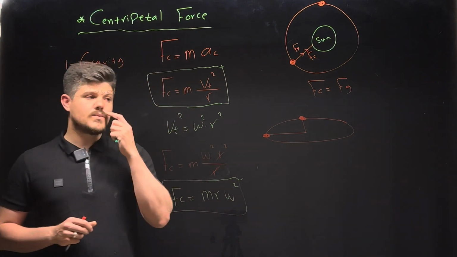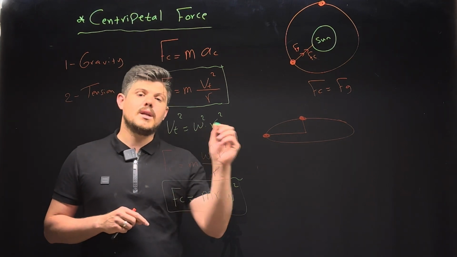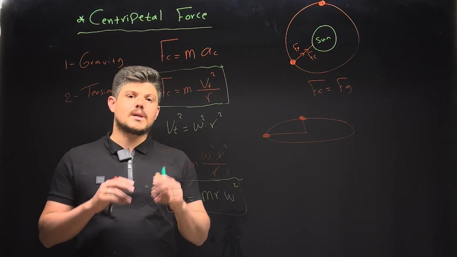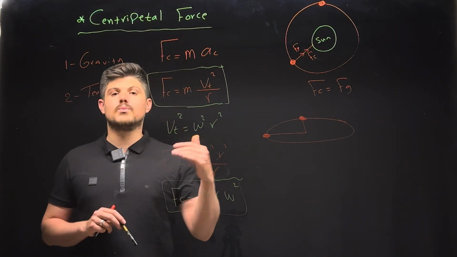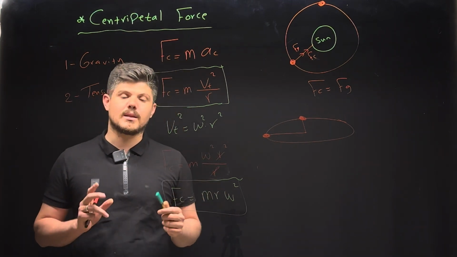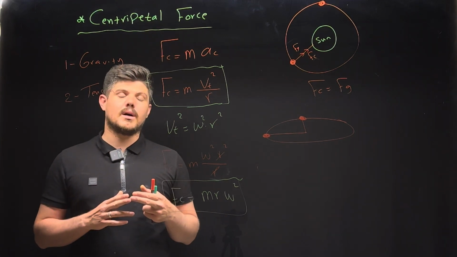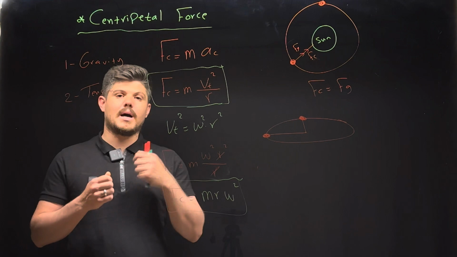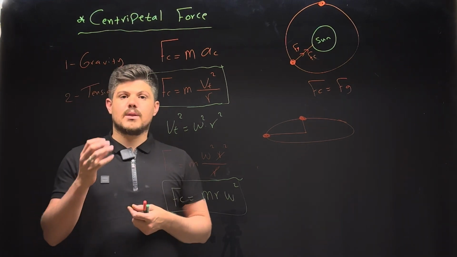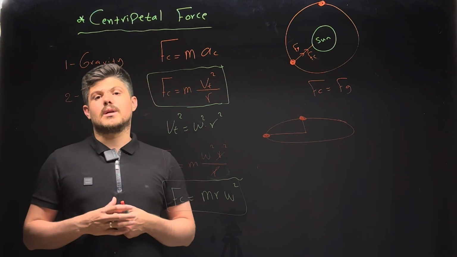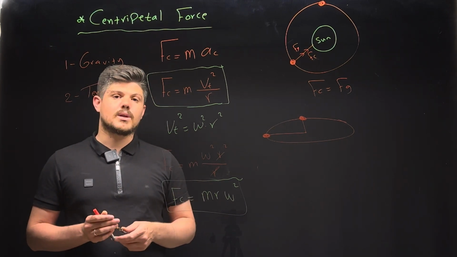When the string breaks at any point, the object cannot be maintained in a circular path anymore. Instead, it flies off in a straight path. So when the object is moving in a circular path and the string breaks, the ball cannot stay in a circular path. Instead, it flies off in a straight path.